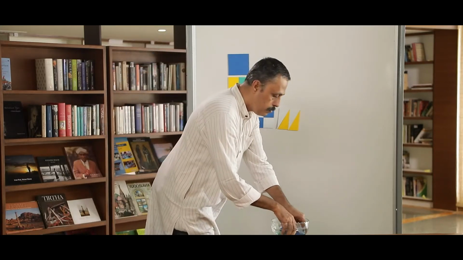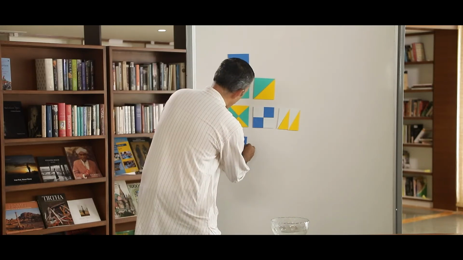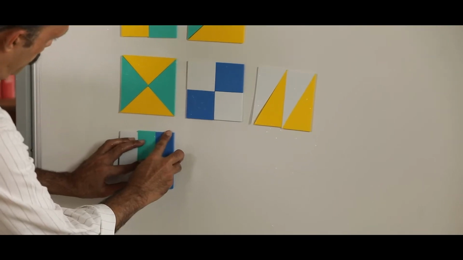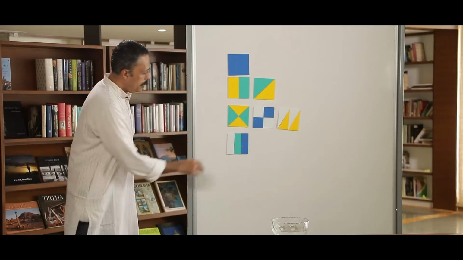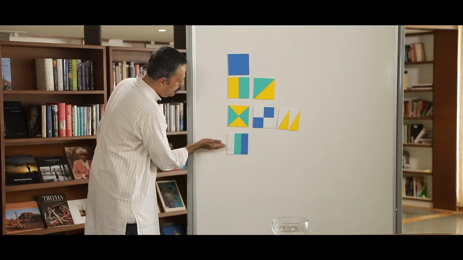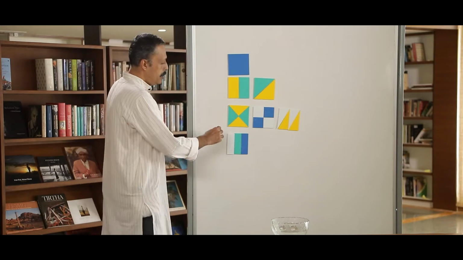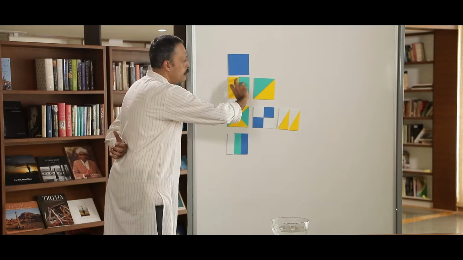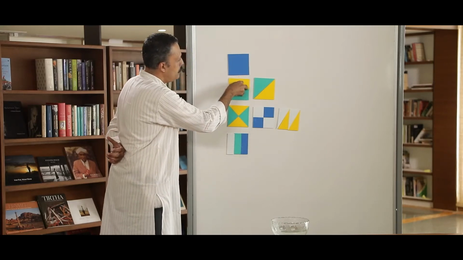Now, look at these three equal parts. Now, these three pieces and these two pieces, we have made two pieces here, or we can cut it horizontally also.